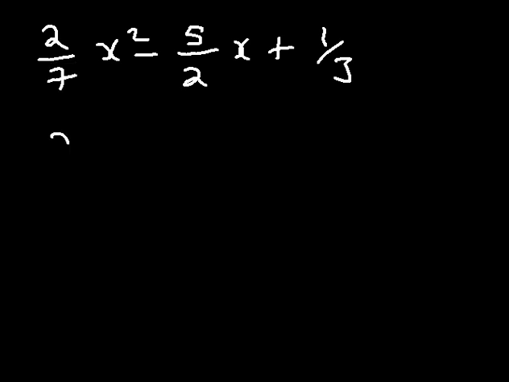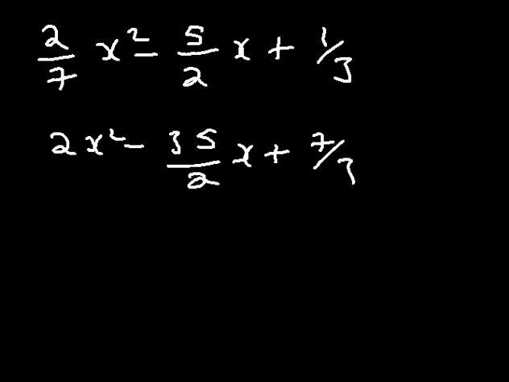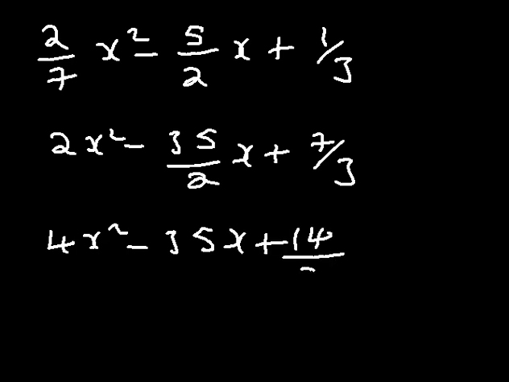That will be given as 2x squared minus 35 over 2 x plus 7 over 3. Then we'll multiply everything by 2. That will be given as 4x squared minus 35x plus 14 over 3.